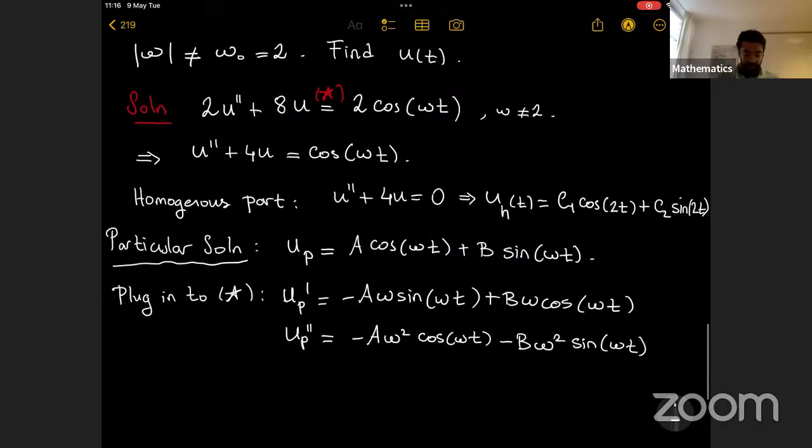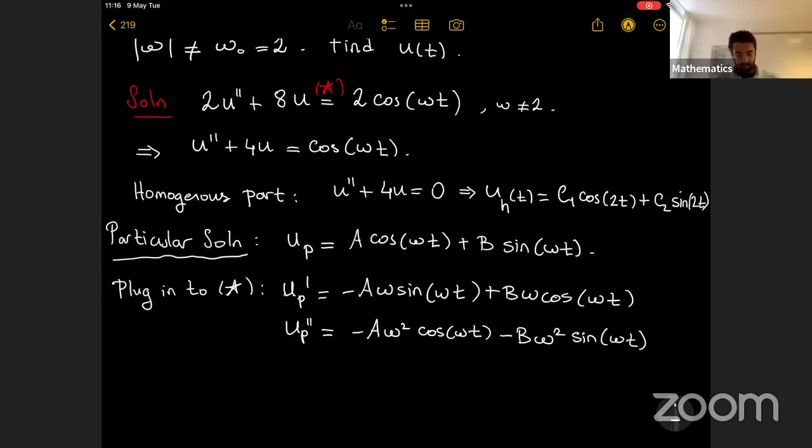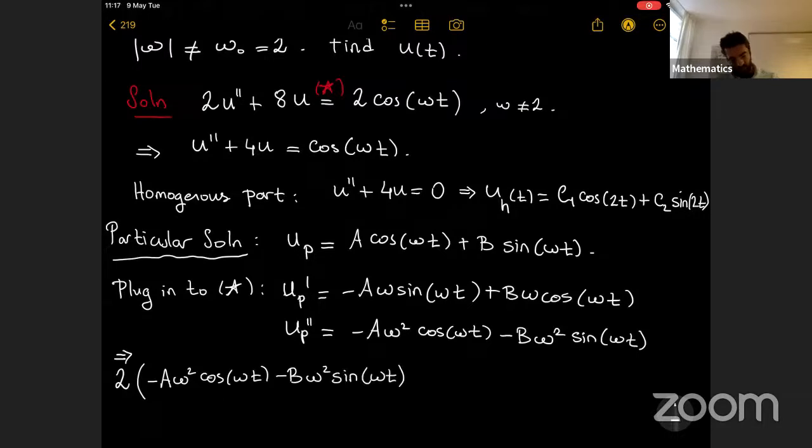And let us plug this into star here, and we get 2 times u p double prime, which is 2 times minus a w square cosine wt minus b w square sine wt.